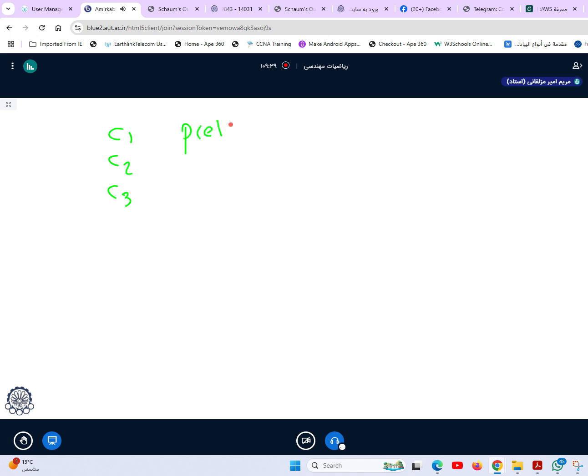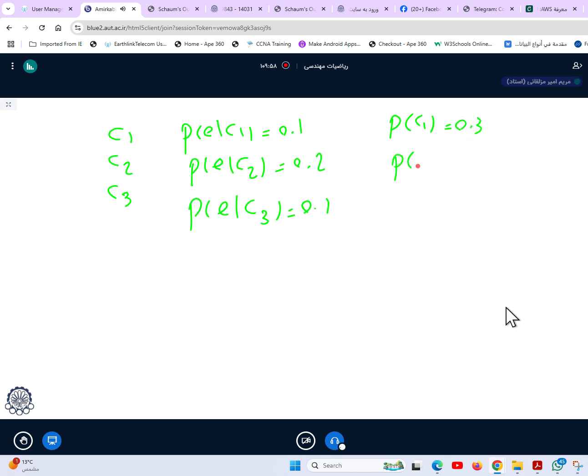We know the probability of error conditioned on C1, for example, and the probability of error conditioned on C2, and we also know the probability of C3. We know this information and these values.